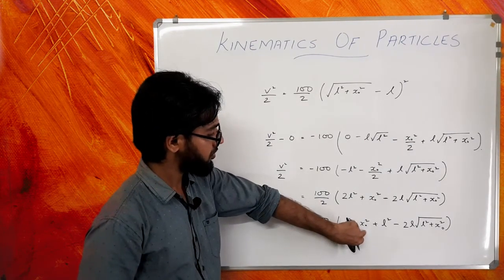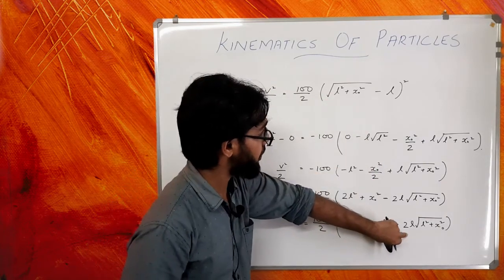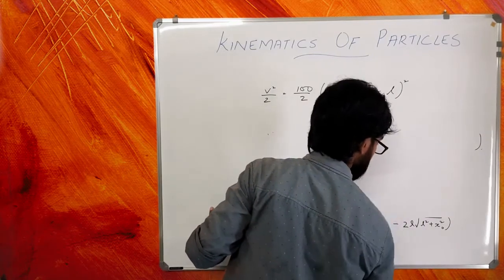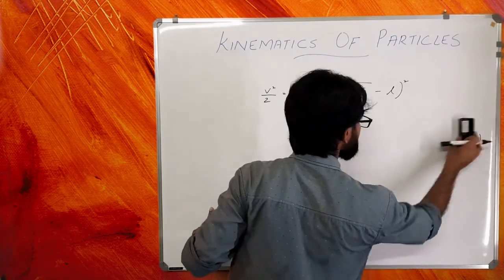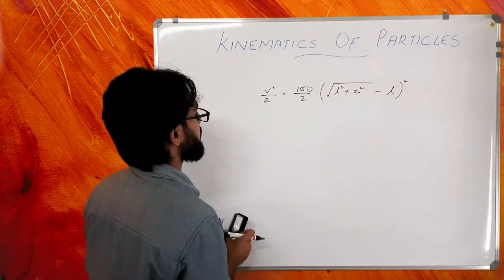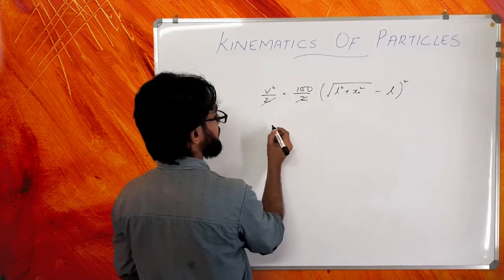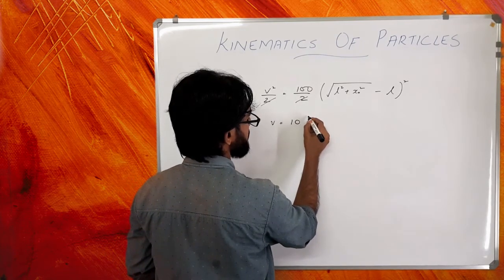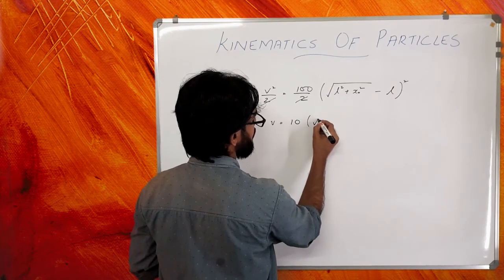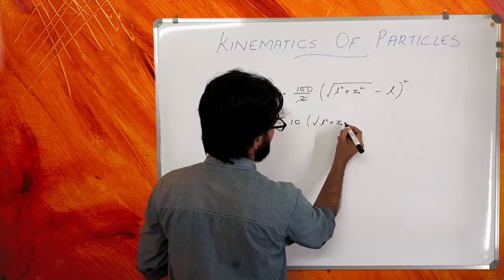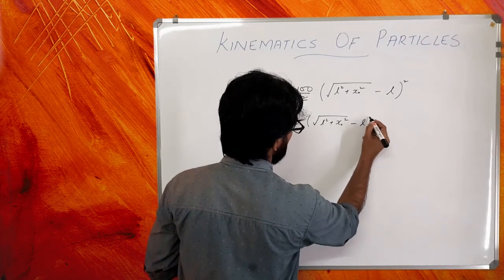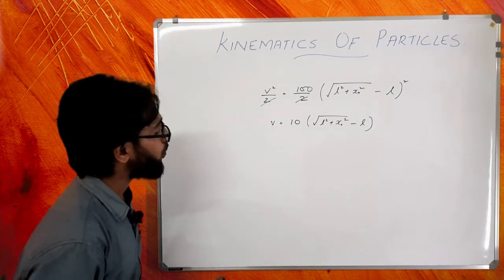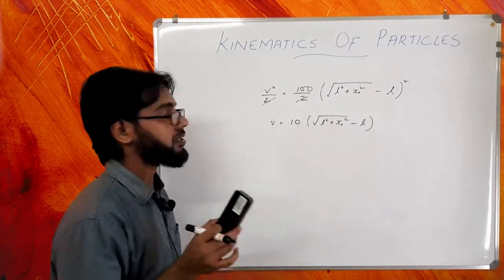This part and this part cancel out each other. If I take the root, I get v equals 10 into root of L square plus x0 square minus L. This is the corresponding value of velocity when the collar reaches the point C.